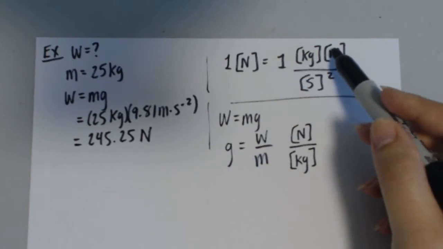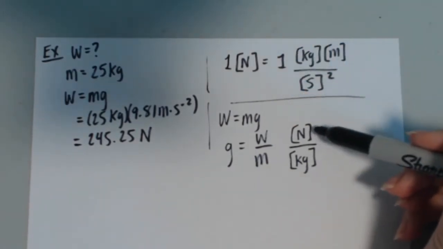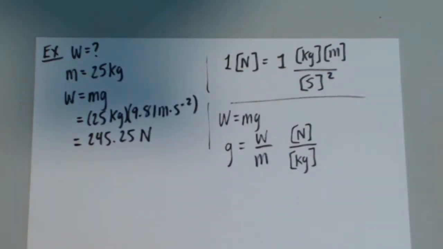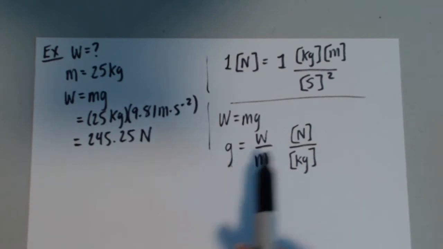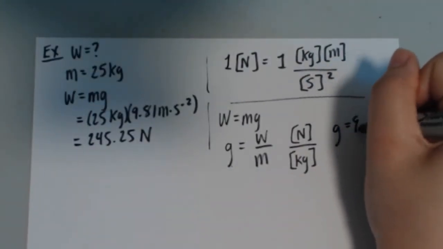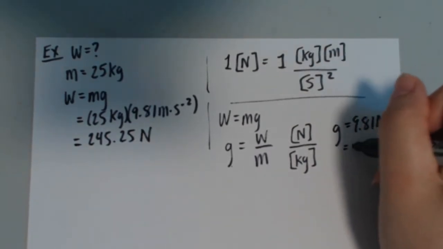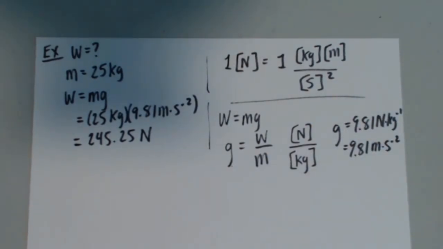Now, if you wanted, you could substitute Newton with this whole thing, kilogram meter per second squared, stick that in the numerator, and then divide by kilograms, and you would be left with meters per second squared, which is exactly what you would expect for the unit of g. So you could do that. So one unit for g is meters per second squared, but another unit for g is newtons per kilogram. So if you ever see that g is equal to 9.81 newtons per kilogram, that is the same thing as saying it's 9.81 meters per second squared. It's the same thing. I just wanted to make sure that you all saw that.